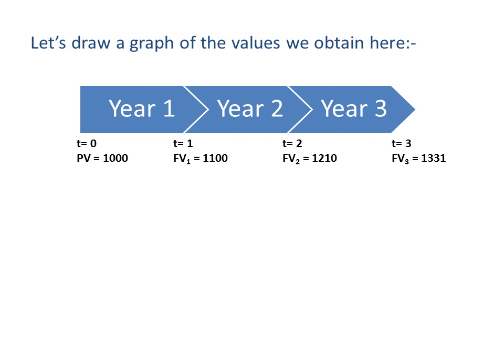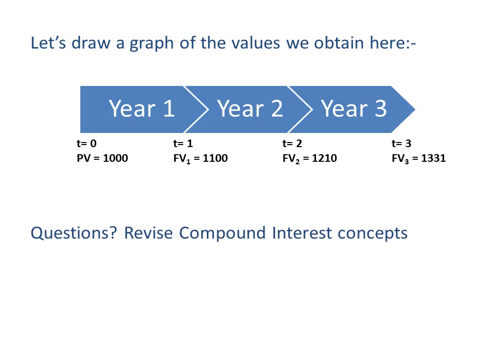As you can see, our investment of $1,000 became $1,100 after a year, $1,210 after 2 years, and $1,331 after 3 years. We are progressively earning more interest every year because we are earning interest on interest, that is compound interest. If you are having difficulties understanding this, you should revise compound interest concepts.